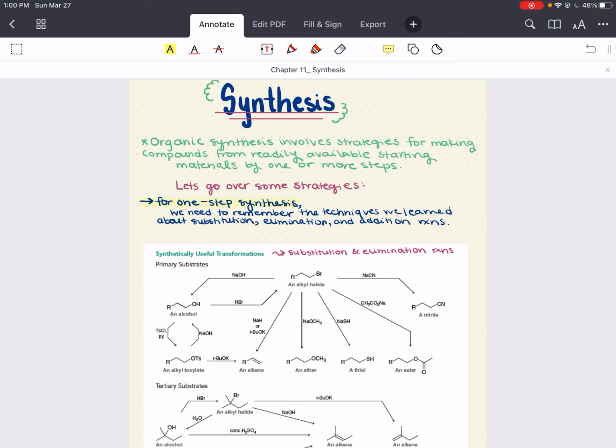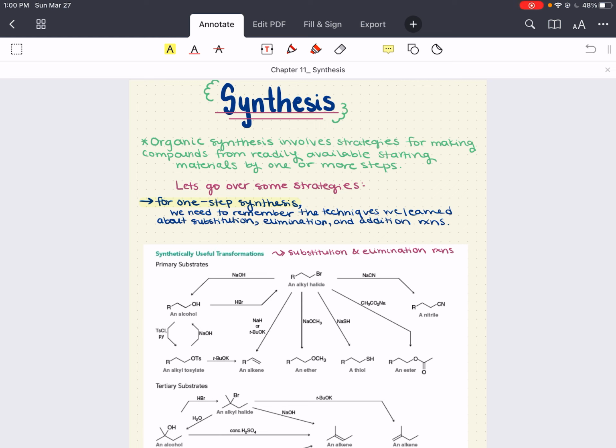The goal is to start with a precursor and then develop an ordered list of reagents that will transform your starting material into your desired product. Here we really want to gain mastery of determining the synthesis pathway, the list of reagents we would need to go from starting material to product.